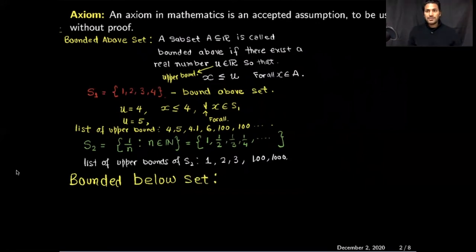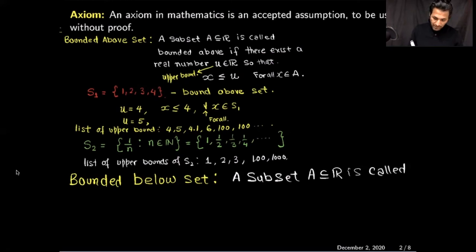Our next definition is a bounded below set. So a subset A of R is called bounded below if there exists, or if we can find, a real number.